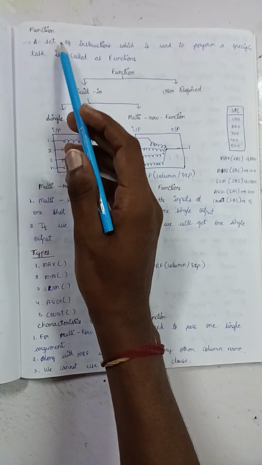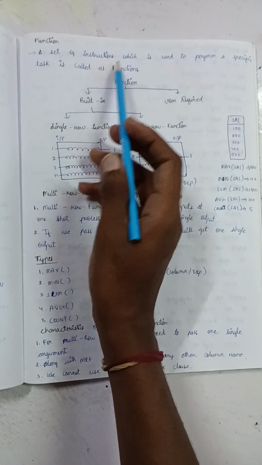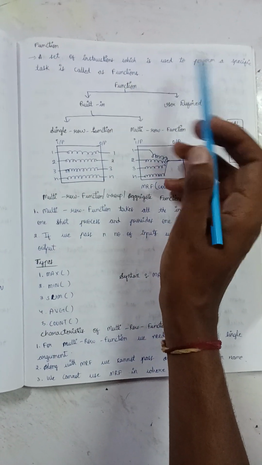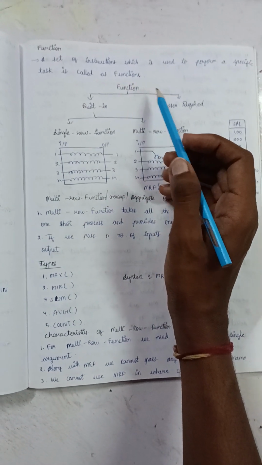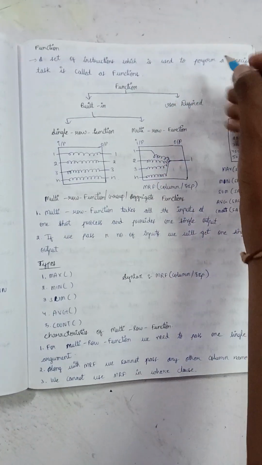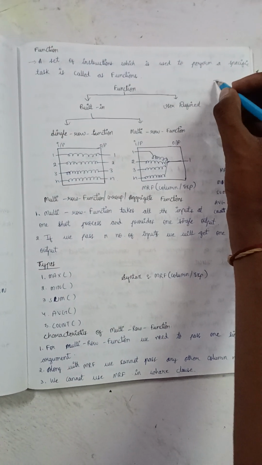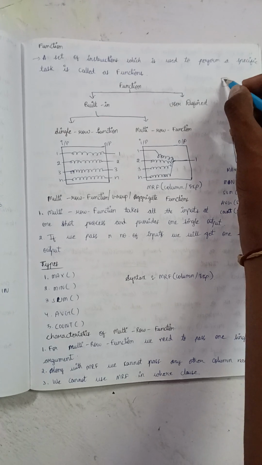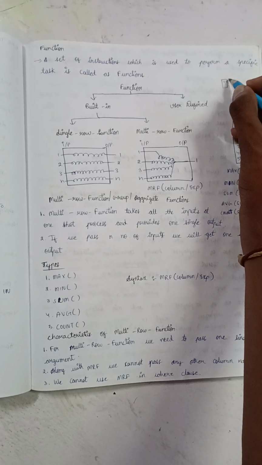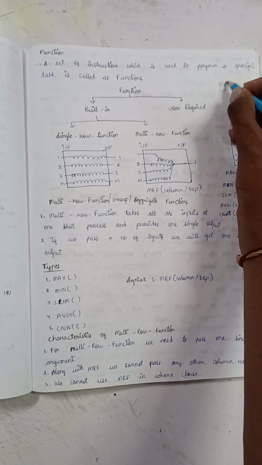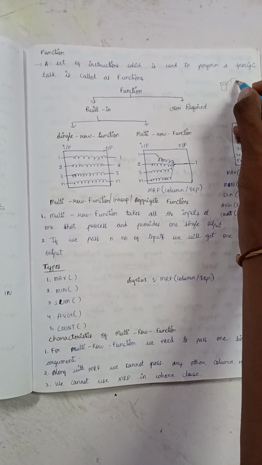Now we discuss functions. A set of instructions which is used to perform a specific task is called a function. For example, if we have a remote, every button is used to operate a TV.